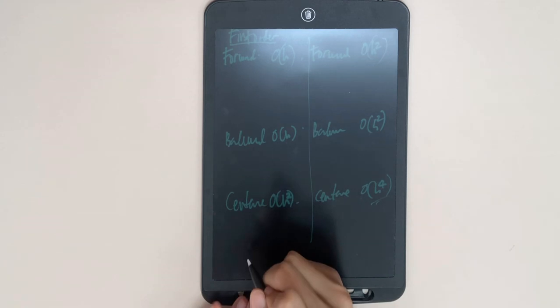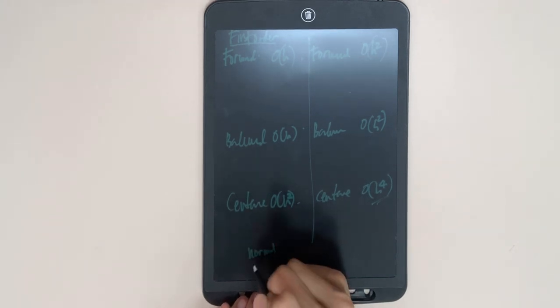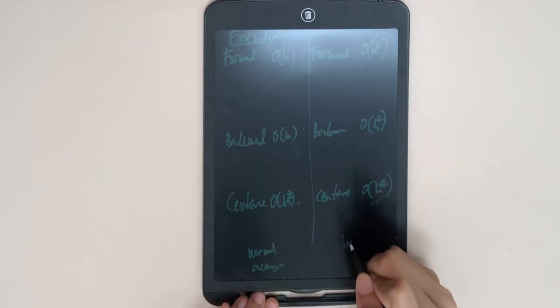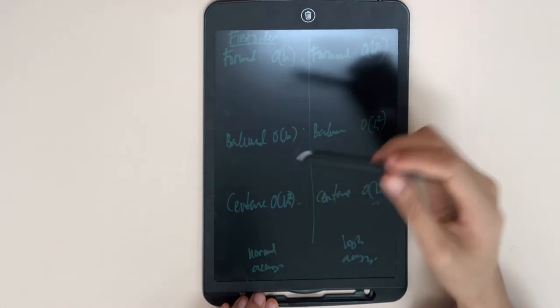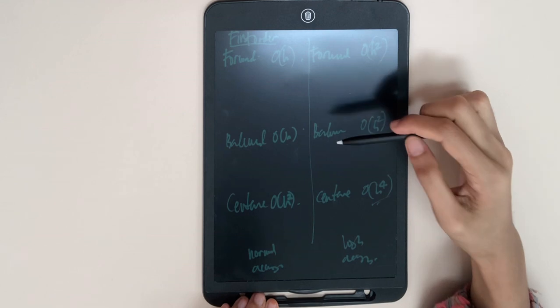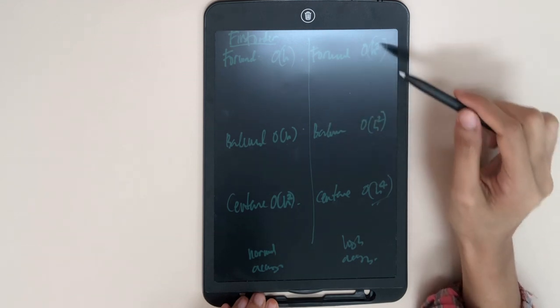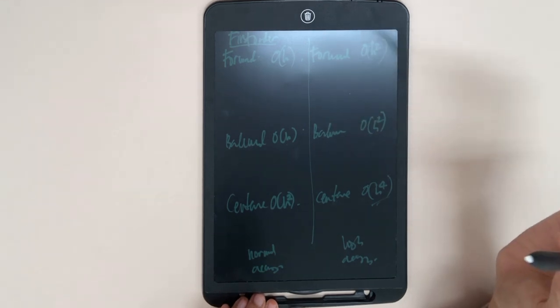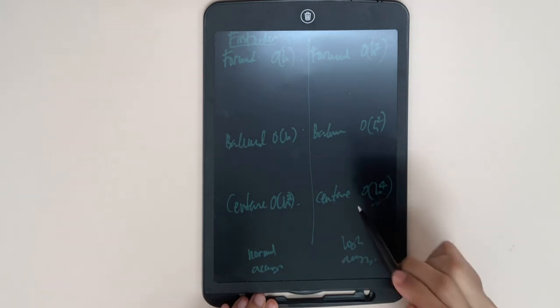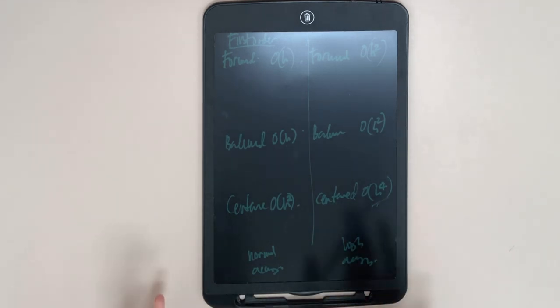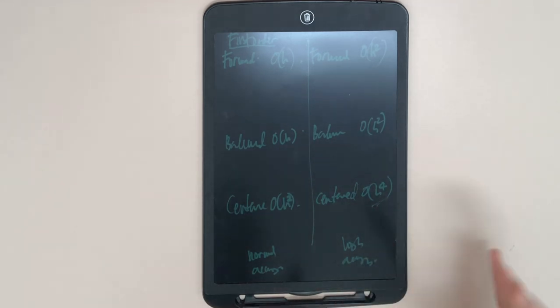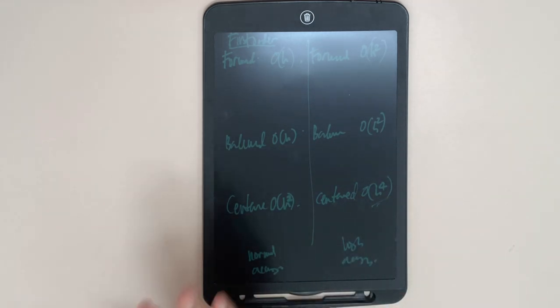This is normal, saya tulis normal kat sini, normal accuracy, and this is high accuracy. So for high accuracy, for forward and backward is no longer OH, it's now become OH square. And for centered now, it's become OH4. So this is the terms. Saya tak tulis lagi formula dia, saya just tulis dia punya term untuk forward, backward, centered, and so on.